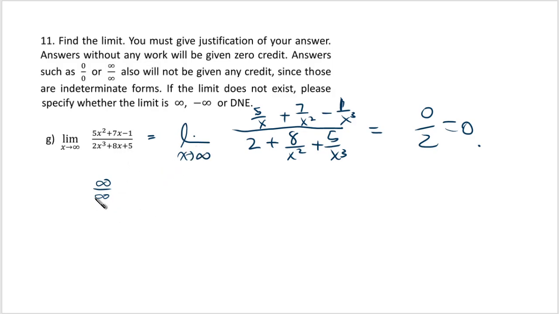But what you learn here is that although both top and bottom are infinities, this overall is equal to 0 because the bottom infinity is the x cubed kind, which means it's going to increase to infinity much faster than the top. That's why this becomes 0. So that's an intuitive way of understanding why you get such a thing.